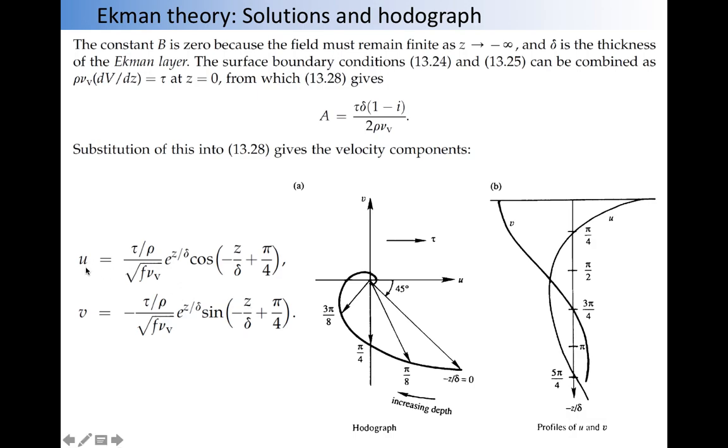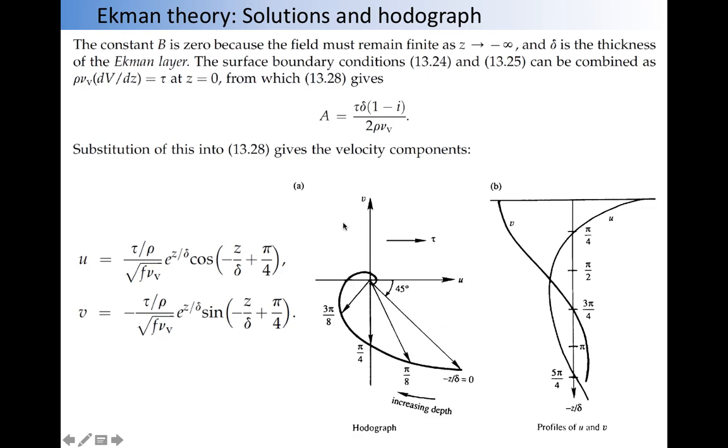So u is a function of z, v is a function of z. But take a look at it closely. I took a little different way than I did before, but if you apply the stress tau y, the v-directional wind, you can see a slightly different form, which should be consistent with this spiral, right?